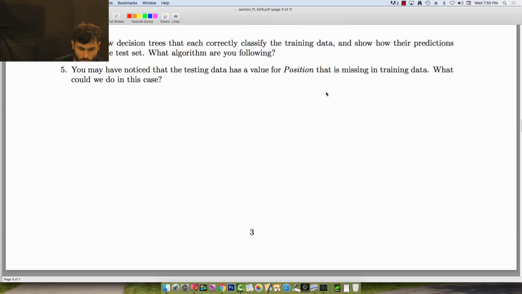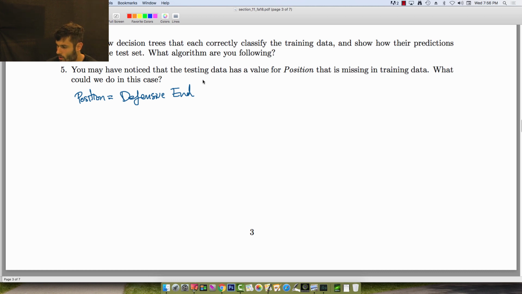The final question of this problem asks us what we do when in the testing data we have a value that has never appeared in the training data set. In this case, we see that example 2 has position equal to defensive end, and we have never seen this value before.